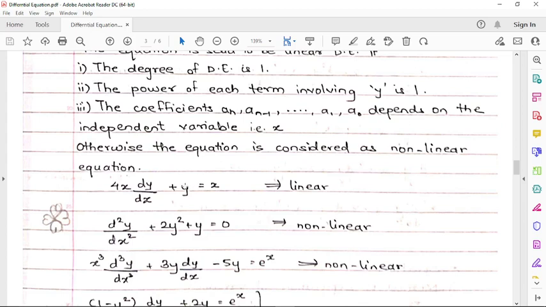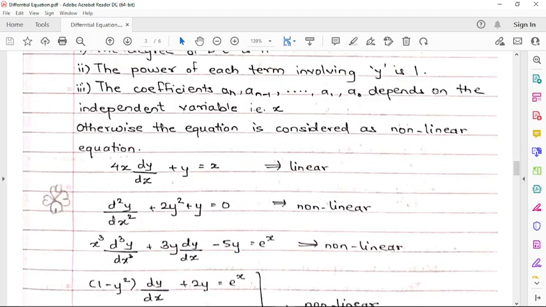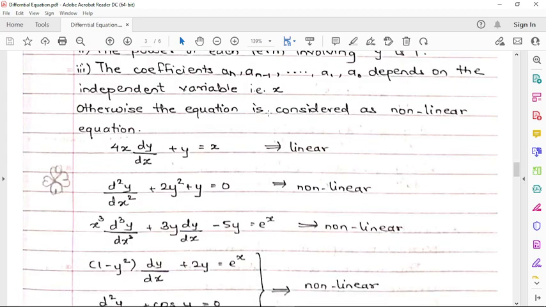Terms like y square and y cube are not present, only y is present singly, so the second condition is satisfied. Third condition, the coefficients of an depend on the independent variable, that is x. The coefficient 4x depends upon x. So this equation is a linear differential equation.